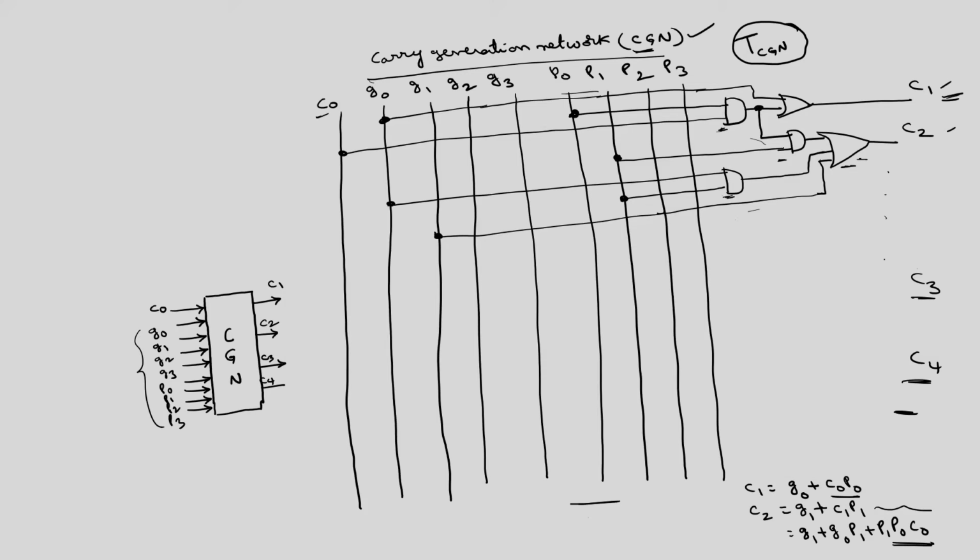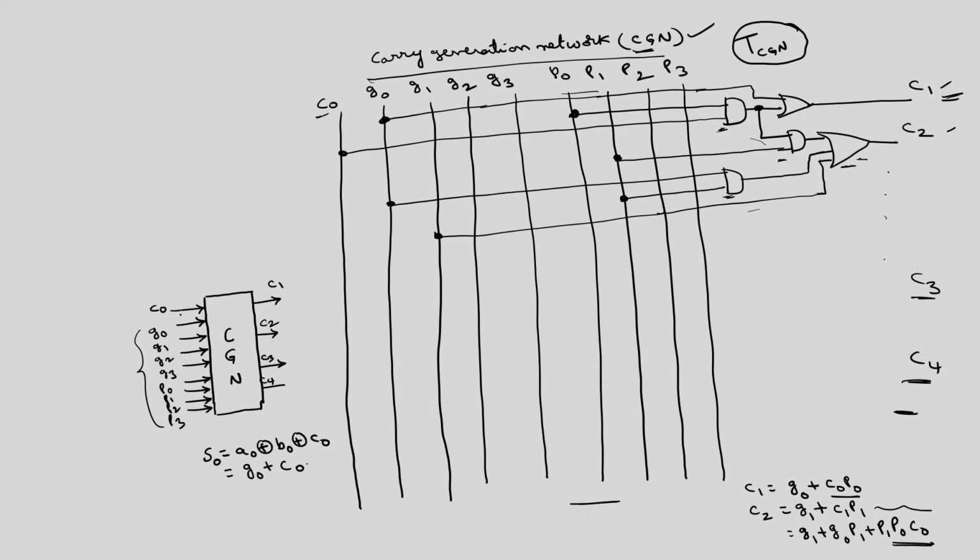So, what about S0, S1, S2, S3? As I have defined, S0 is A0 exclusive OR with B0 exclusive OR with C0. This is nothing but G0 exclusive OR with C0.